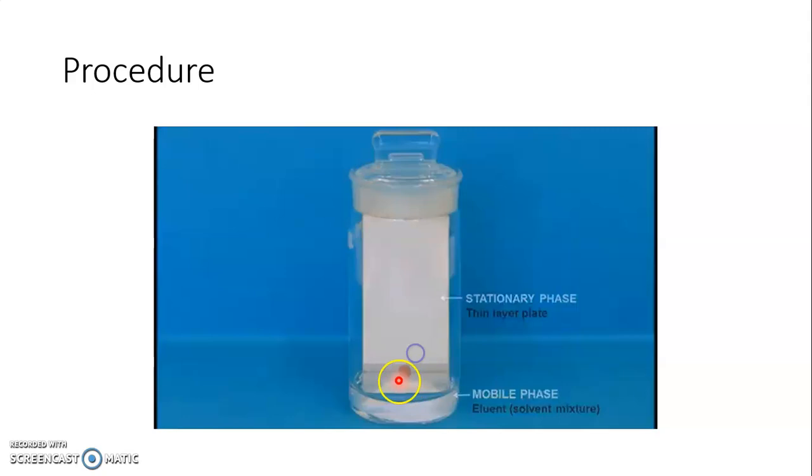This is the pencil-drawn line and this is the spot of the mixture that we place. Then this is the mobile phase, that is a solvent, and now this will move upwards. Since this is closed, we have a closed environment with no other interaction with the surroundings, so this will move upwards and we can have the separation done.